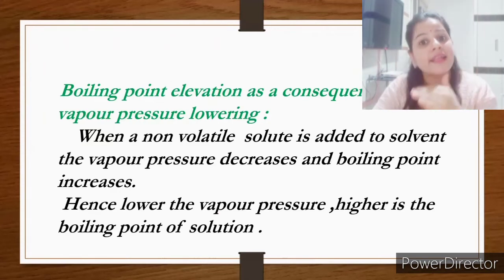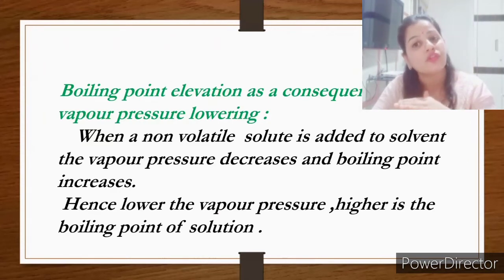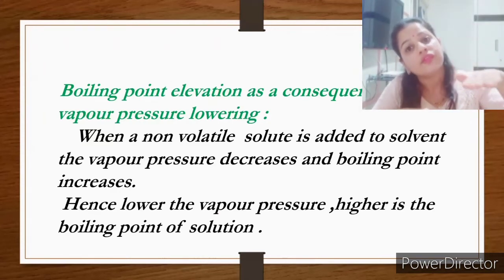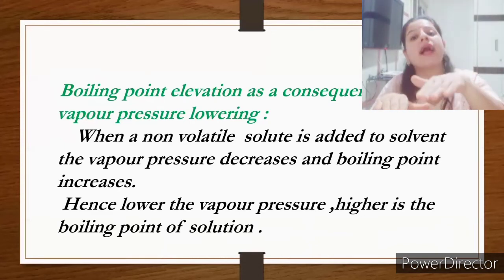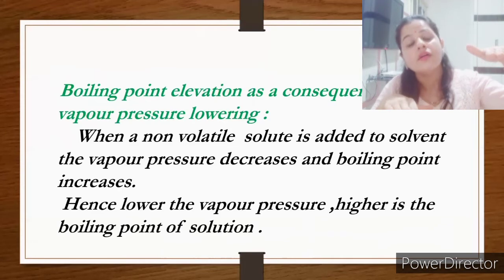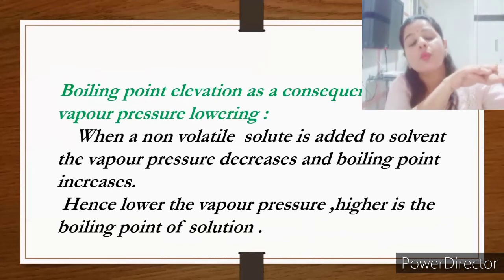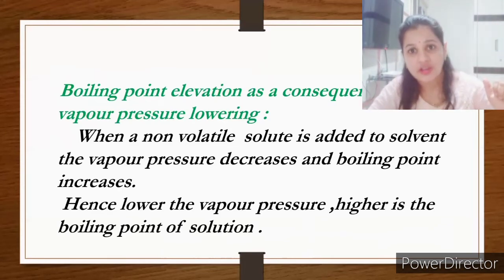It decreases. The vapor pressure of the pure solvent is higher and that of the solution is lower. Whenever we add a solute, the vapor pressure decreases. So if the vapor pressure decreases, what will happen? It will take more time to become equal to the atmospheric pressure.